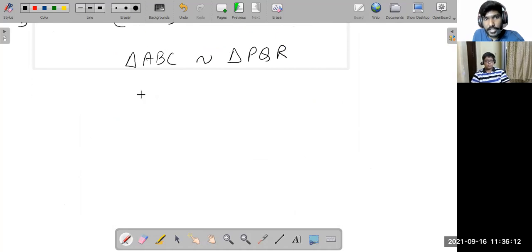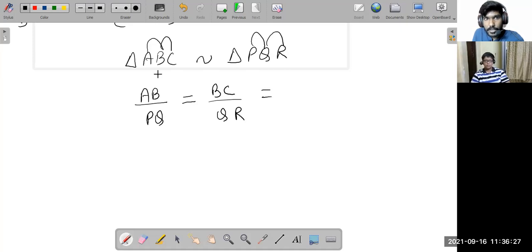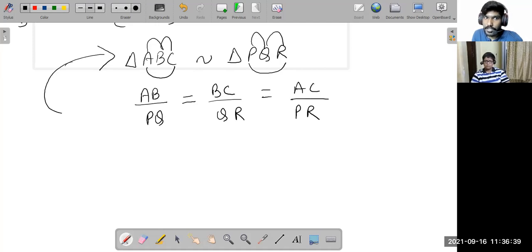AB, that is this, upon PQ, that is this, should be equal to BC upon QR, equal to AC upon PR. Is this clear? So given two triangles similar to each other, these will be their corresponding sides which are in proportion.